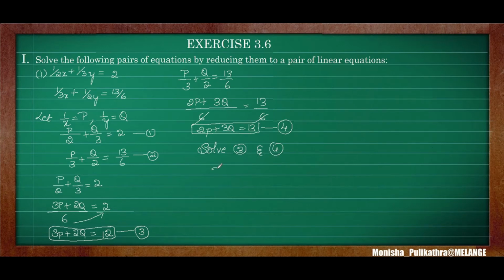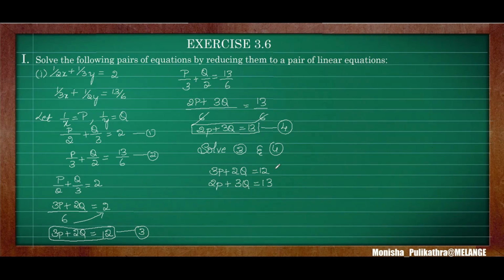Equation 3 is 3p plus 2q is equal to 12, and equation 4 is 2p plus 3q is equal to 13. Here the p term and q term are both different. We need to make either the p term or q term similar so that we can cancel and find the other term.